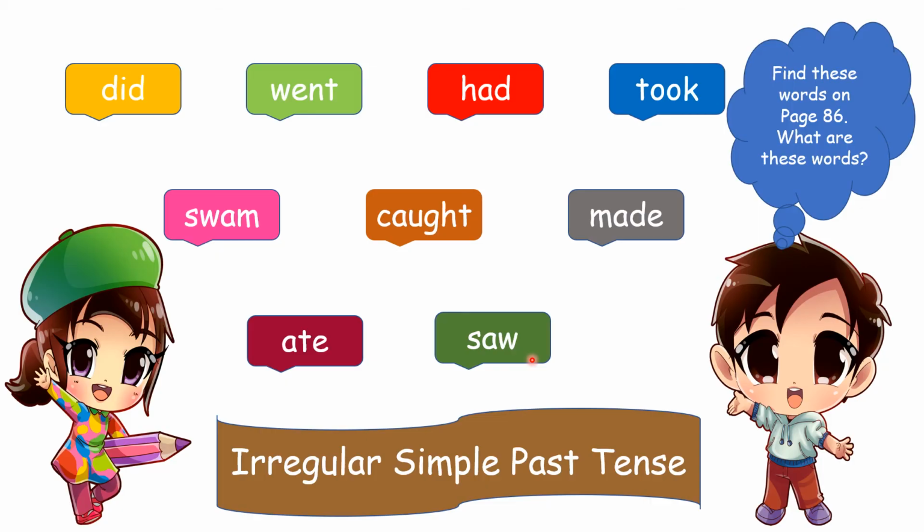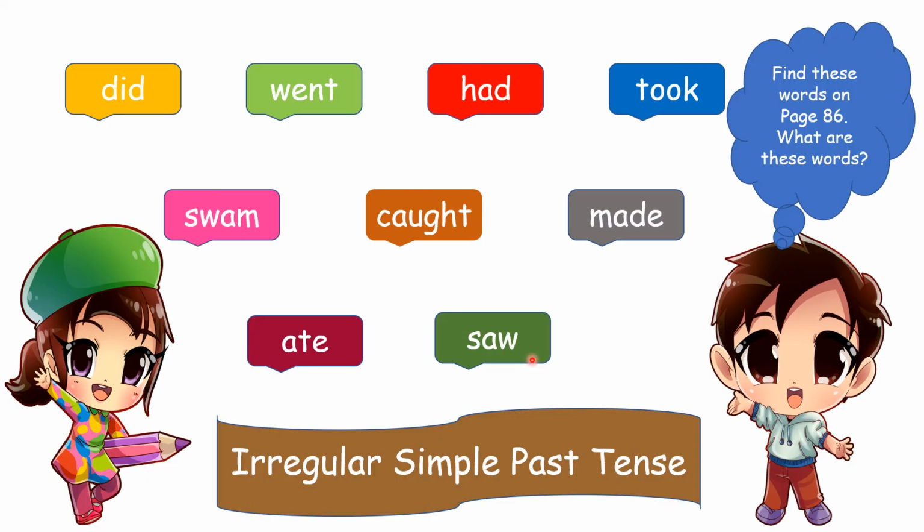Now, what are these words, kids? Do you know what they are? These are words which have been changed to the simple past tense but in the irregular form. Irregular form past tense happens when root words are changed into a whole new word when changed into past tense.